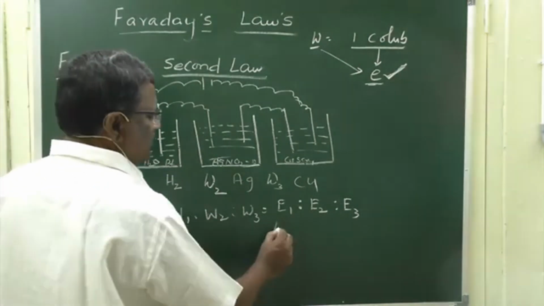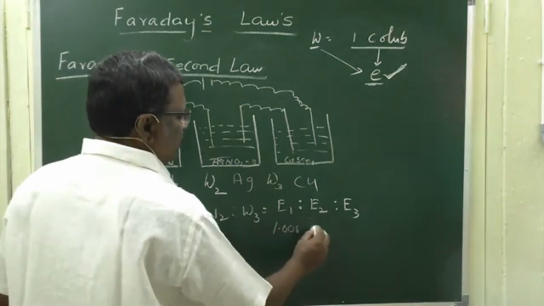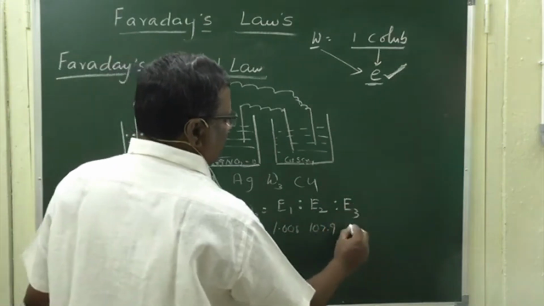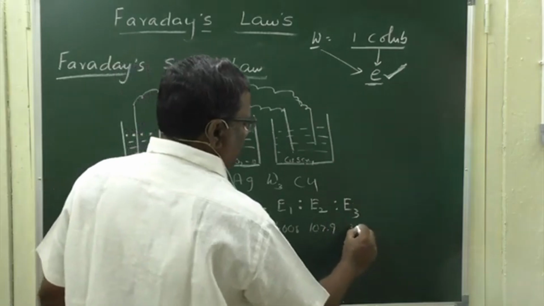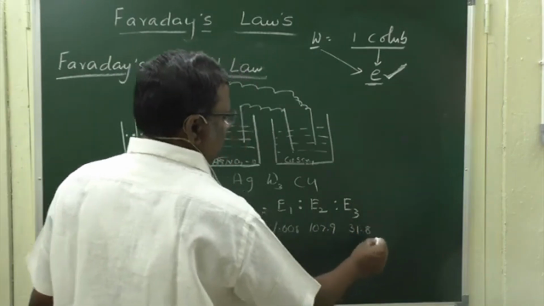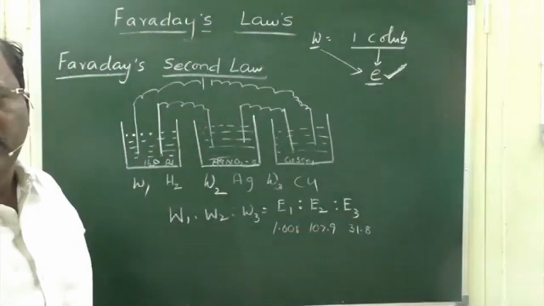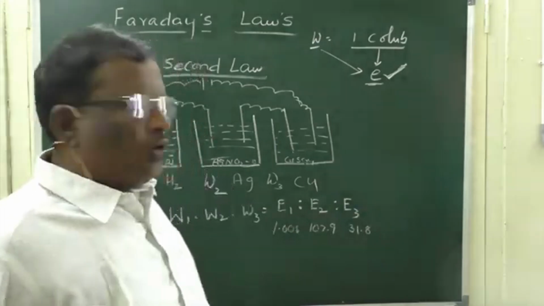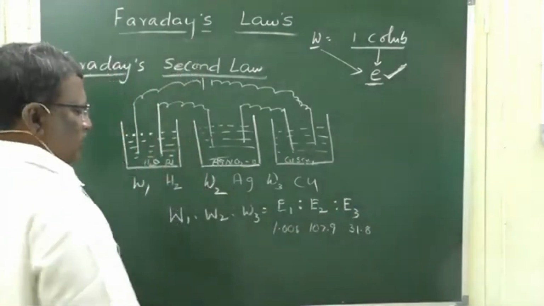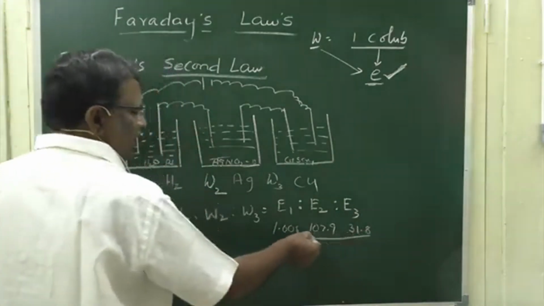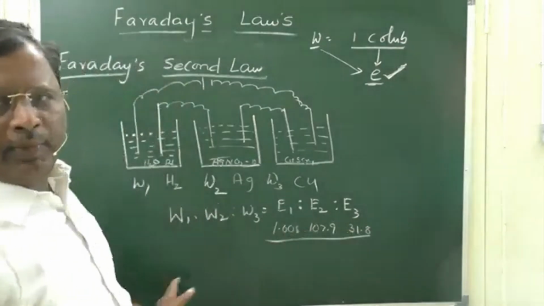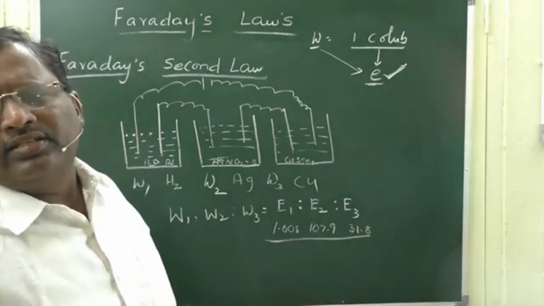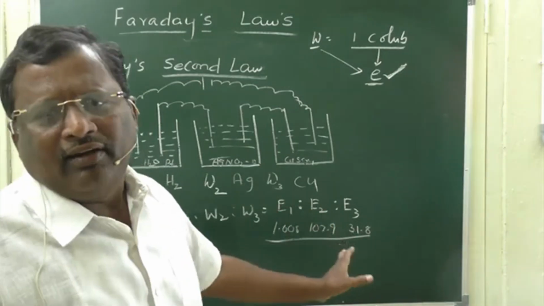Hydrogen's equivalent weight is 1.008, silver's equivalent weight is 107.9, whereas copper's equivalent weight is 31.8, because its atomic weight is 63.6 by 2, which is 31.8. So the weights of silver, copper and hydrogen liberated are in the ratio of their equivalent weights. This is Faraday's second law.